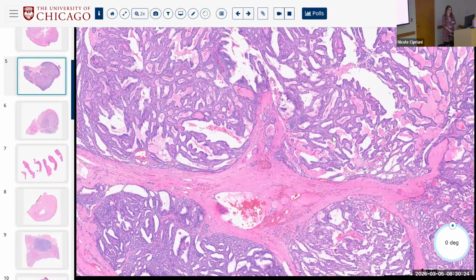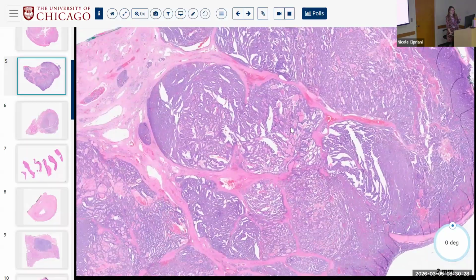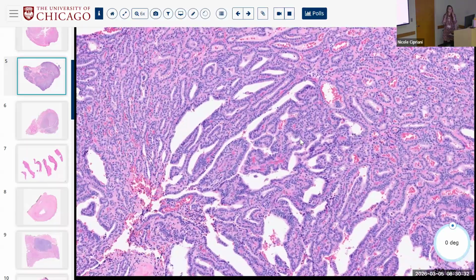of very complicated architecture. And this is important to remember because the architectural features of thyroid carcinoma are not parallel, right? It's not like follicular pattern neoplasm, only follicles, no papillae, right? It's not like papillary carcinoma, only papillae, no follicles, right?